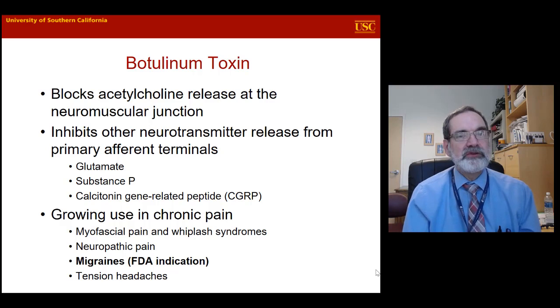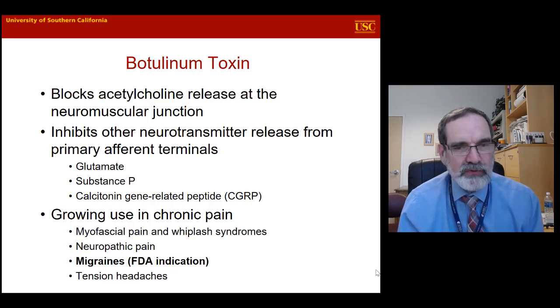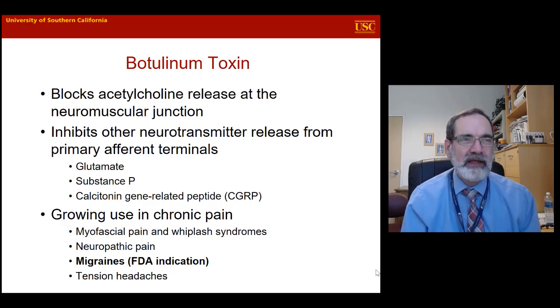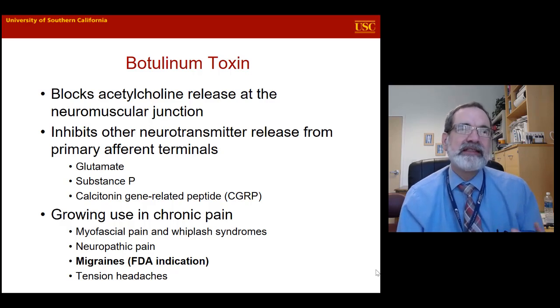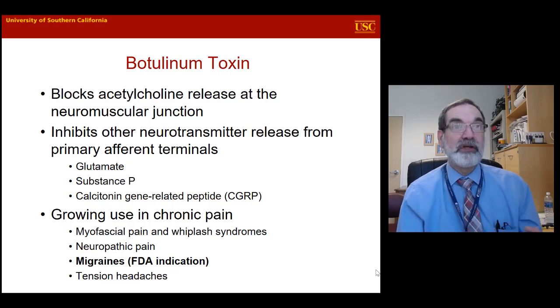And that, in fact, seems to be the case in migraine. So botulinum toxin is now FDA approved for the treatment of migraine. And that does not seem to be because it's a muscle relaxant or muscle paralyzer.